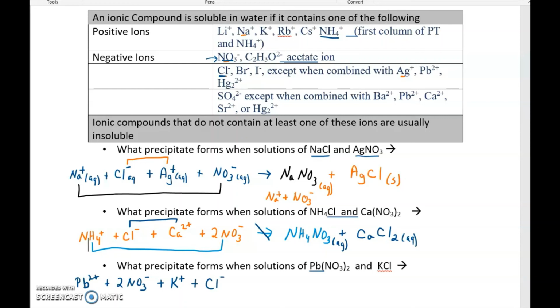So let's see what we can make. This positive can come down here and react to make a compound with the negative. So we'll get lead and we'll need 2 chlorides. And then the potassium can react with the nitrate.